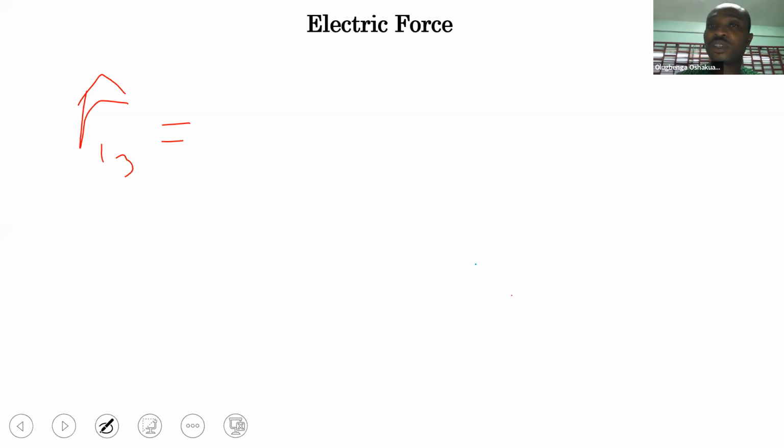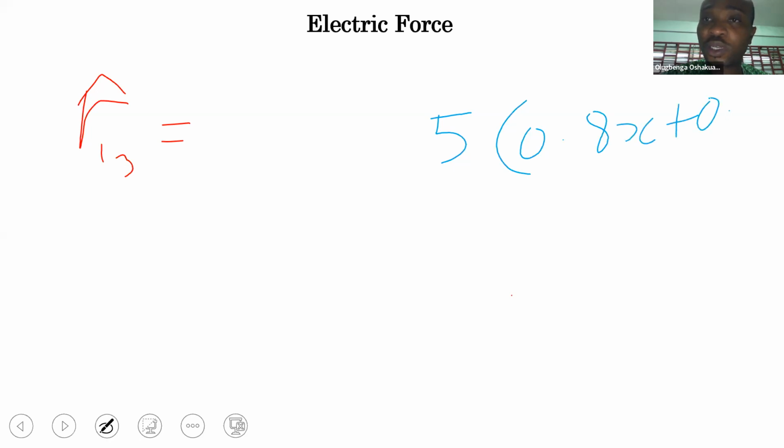We can decide to say, okay, since we said 5 into brackets 0.8x plus 0.6y. Conventionally, it's more convenient that instead of saying x caret, most times you say i, and instead of saying y caret, usually j.